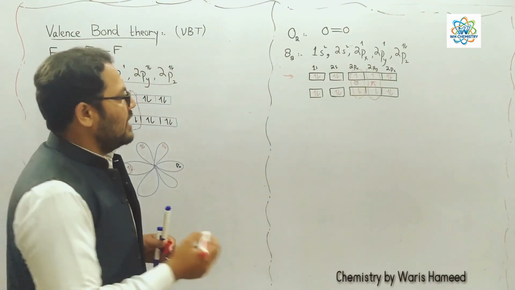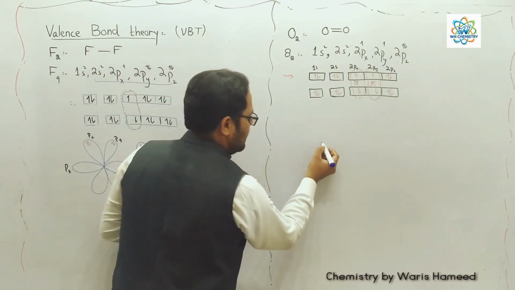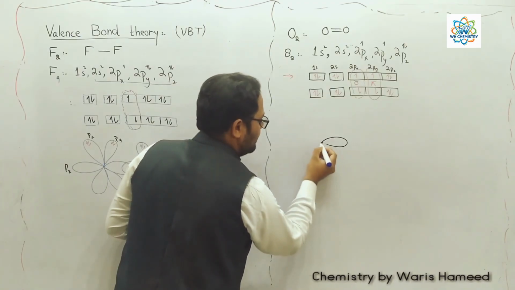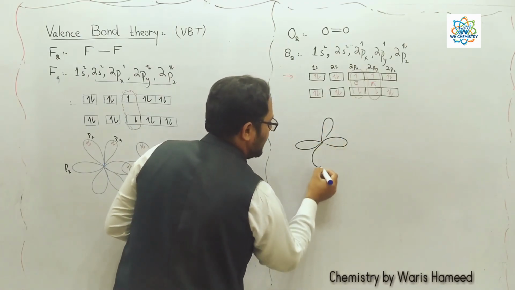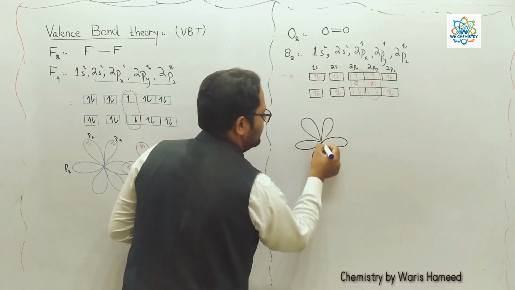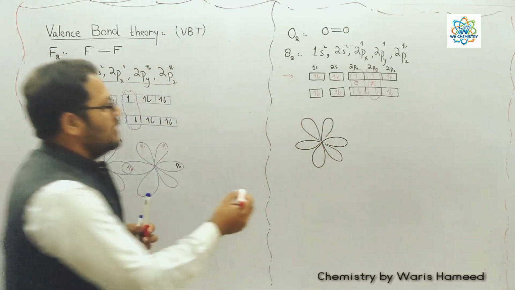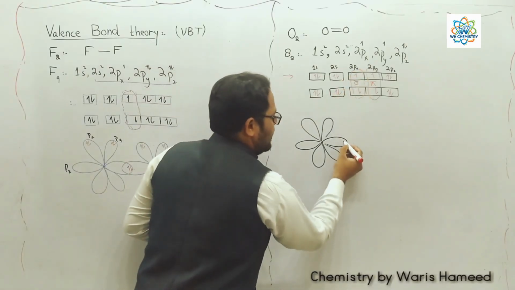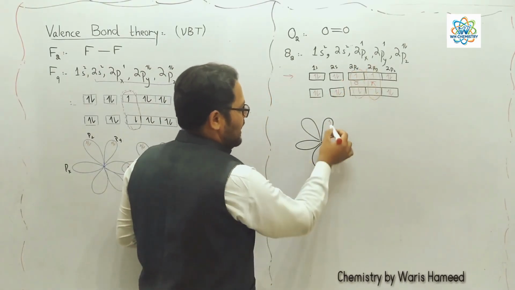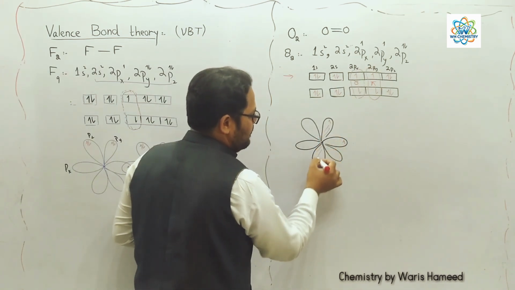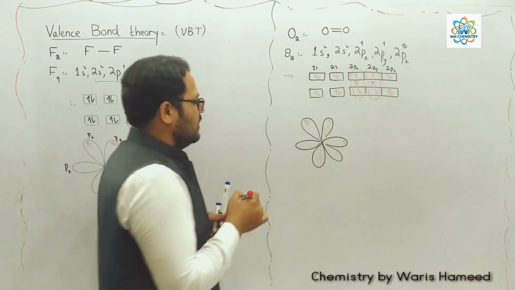Now its diagram: here is the 2px orbital, 2py, and 2pz of one oxygen atom. 2px has one electron, 2py also has one electron, and 2pz has two electrons.